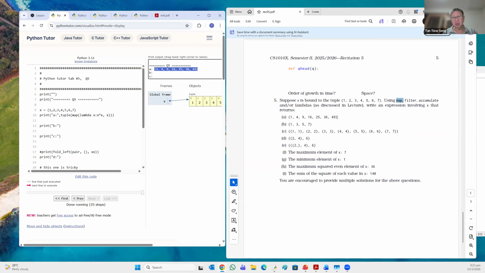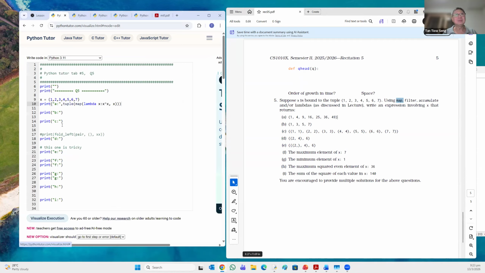Okay, let's see B. What is B trying to do? B is 1, 3, 5, 7. It basically is filtering out things. All right, I see what you have. So B is filtering. And because this is again a system function, you must put a tuple there.